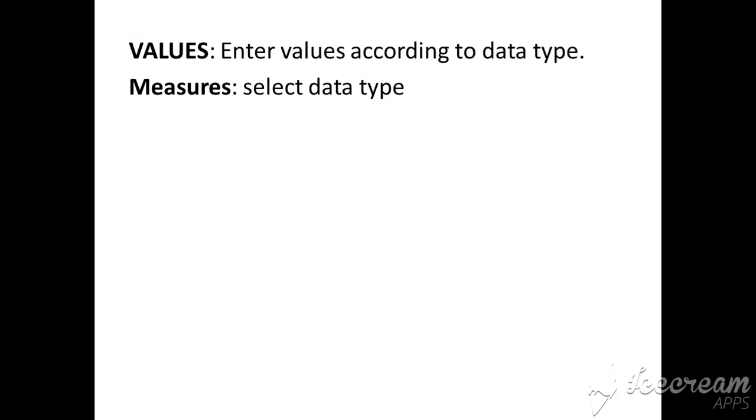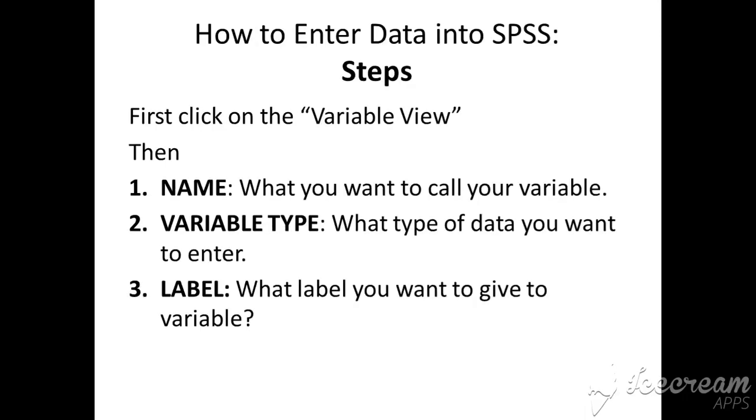And in the last we have the measure, where you select the data type, either nominal, scale, or ordinal data. So before entering the data into SPSS, you must memorize these 5 steps.